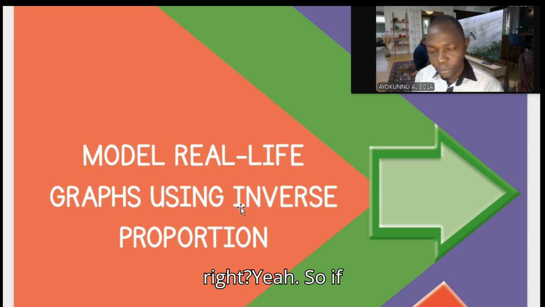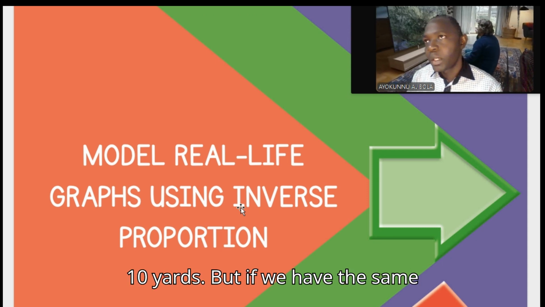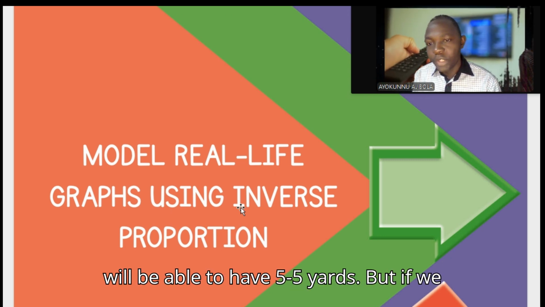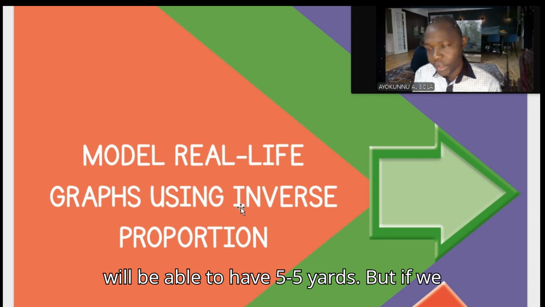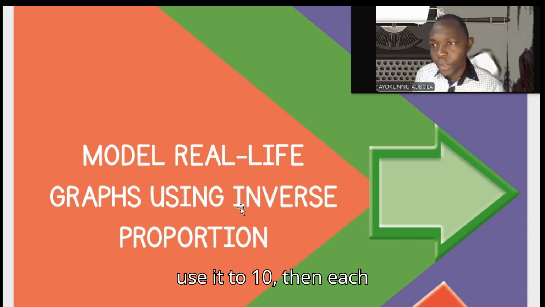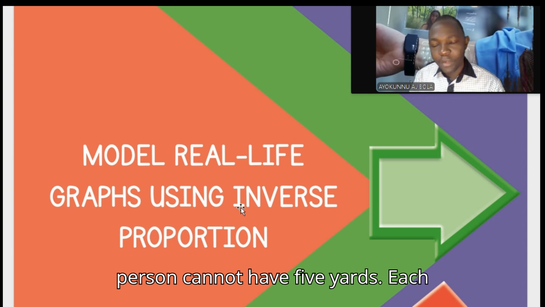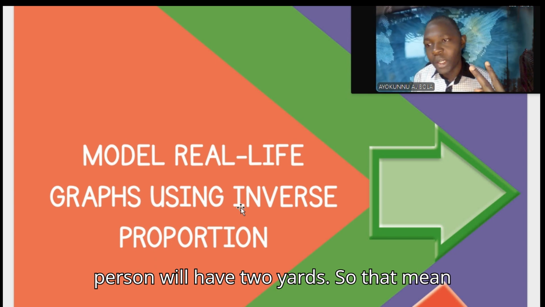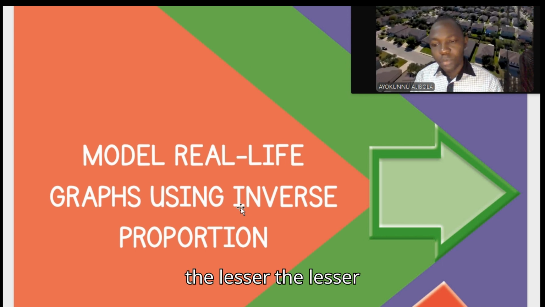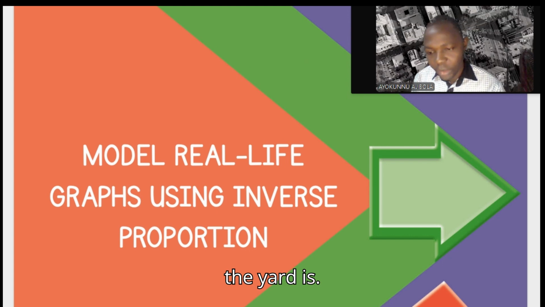If we cut it for two people, each one will have five yards. But if we have the same 10 yards and we increase the number of people to 10, then each person cannot have 5 yards. Each person will have 1 yard. So the higher the number of people, the lesser the length each one gets.